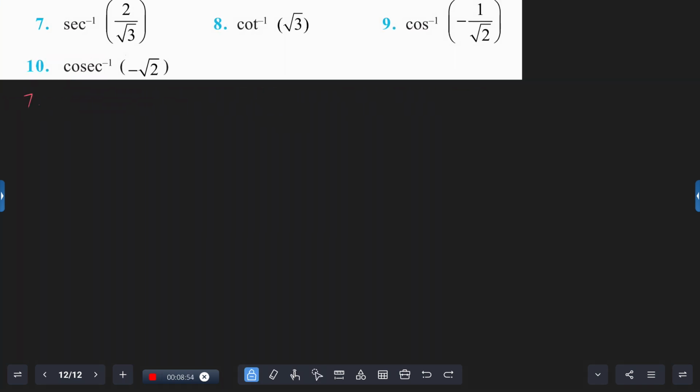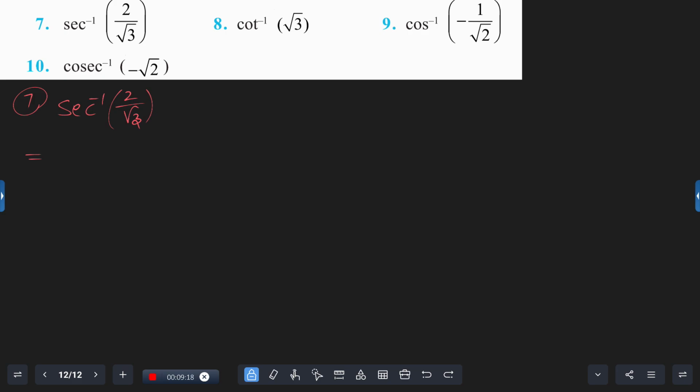Question number 7: secant inverse of 2 divided by root 3. This is a direct value, no minus, no positive, so directly we can go. For what angle will you get 2 by root 3 in secant? You check cos, where you get root 3 by 2. 60? No, 30 degree, pi by 6.